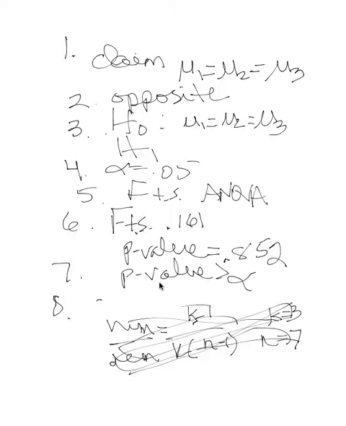So I have enough to test my claim, because my p-value is greater than alpha, and so I know that that implies that I will fail to reject my null. And when I fail to reject, and my original claim is equality, I will use the wording for number 4.